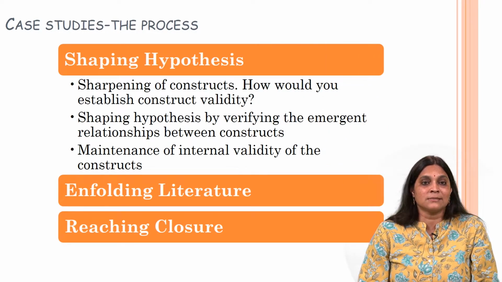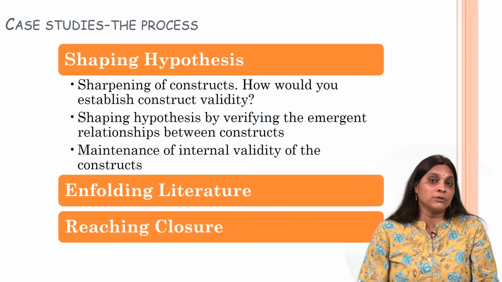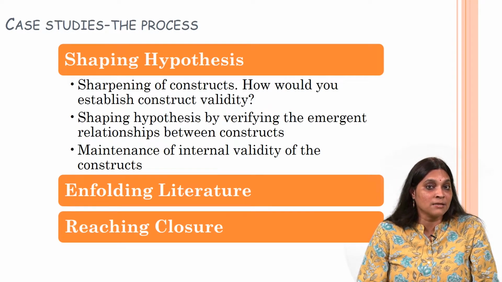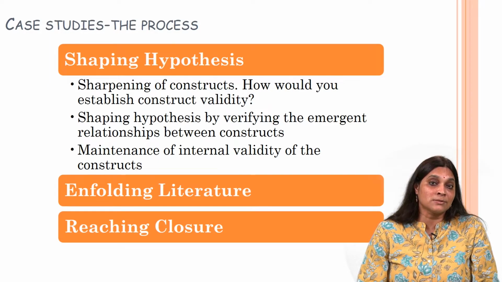Now, coming to the next, that is the shaping of hypothesis. The whole idea is that you sharpen the constructs that you have used, and you must be able to maintain construct validity. In the beginning also I had emphasized that construct validity is maintained by making sure that the operational definition of the construct would measure what the construct intends to measure. That is very important.